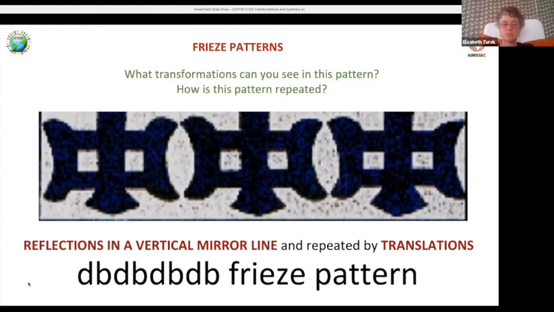The code, or a simple representation of that design, is to take the letter D, which is like this half here on the left, reflect it, and then take the two pieces together and keep translating them again and again. So you get the frieze pattern.